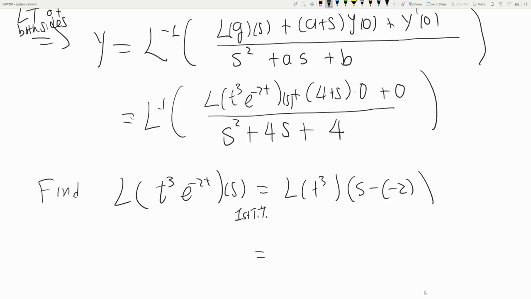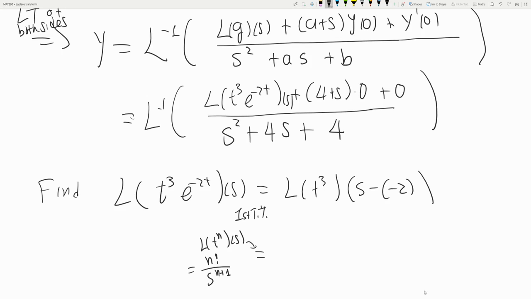Recall that the Laplace transform of a polynomial t to the n is equal to n factorial over s to the n plus 1. So you can find it in the table, and you can use that directly.